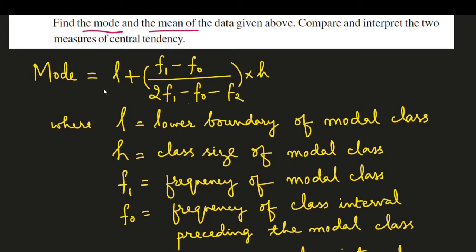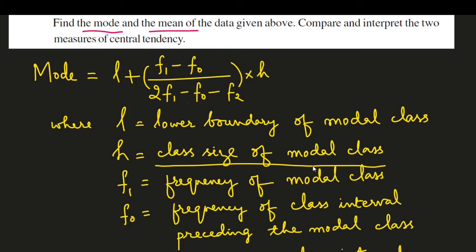Mode is equal to L plus (F1 minus F0) by (2 F1 minus F0 minus F2) into H. Here H is the class size of model class. Actually, H is the class size of all the class intervals, or at least H should be the class size of the model class, the preceding class interval, and succeeding class interval.